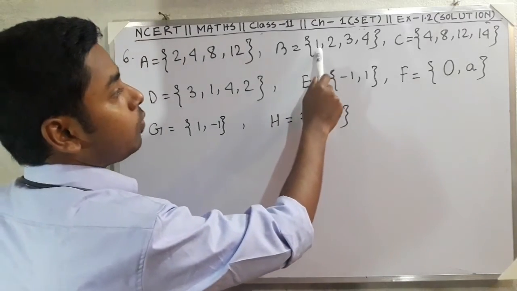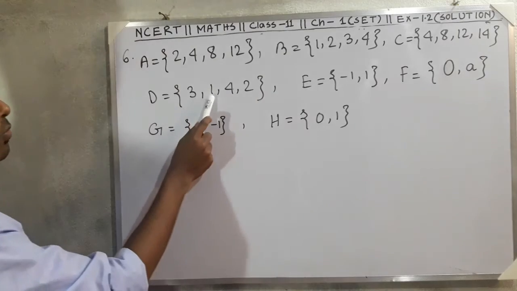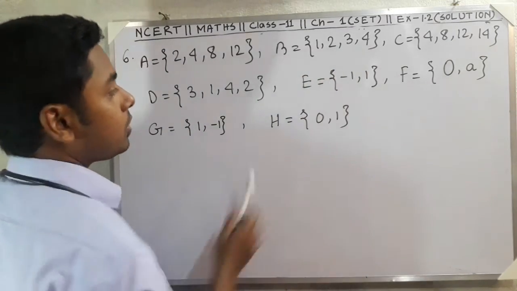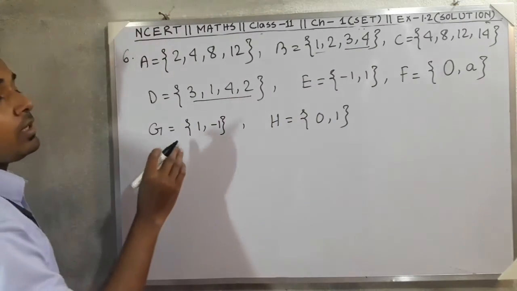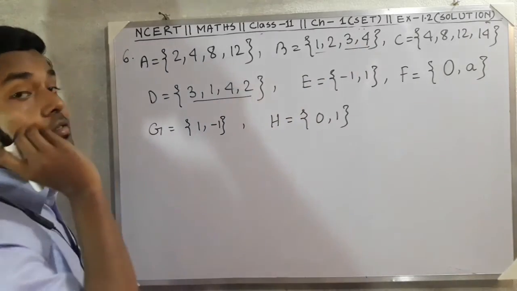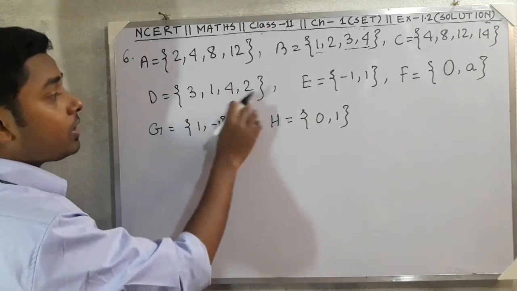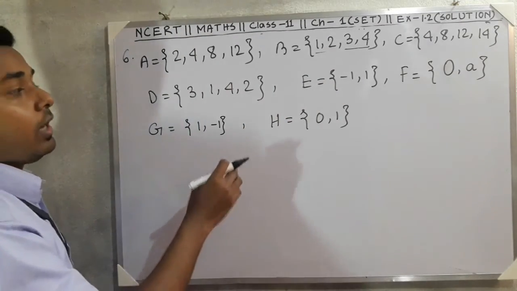Now B is 1, 2, 3, 4. Listen here, these elements 1, 2, 3, 4 and these elements are equal. Exactly the same. Even if the order is not the same, here 1, 2, 3, 4 and here 3, 1, 4, 2, it doesn't matter.